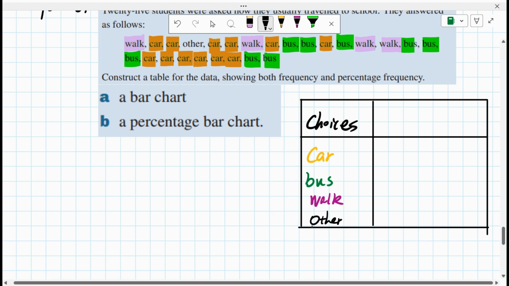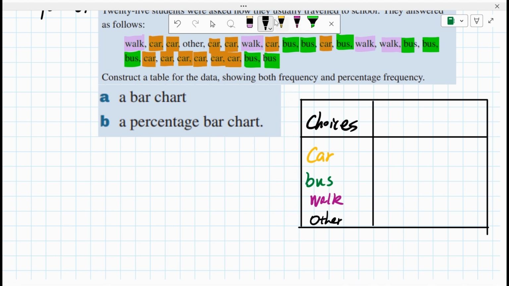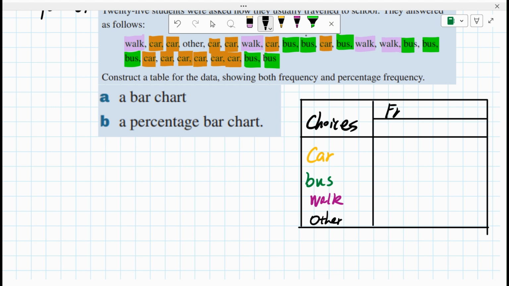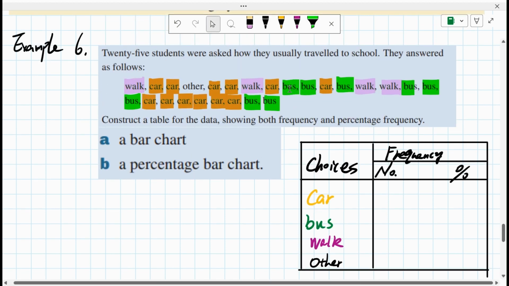Okay, and then I'm gonna draw another column, which is our frequency. Frequency, so numbers and a percentage. Okay. And then for car, the total is 25.